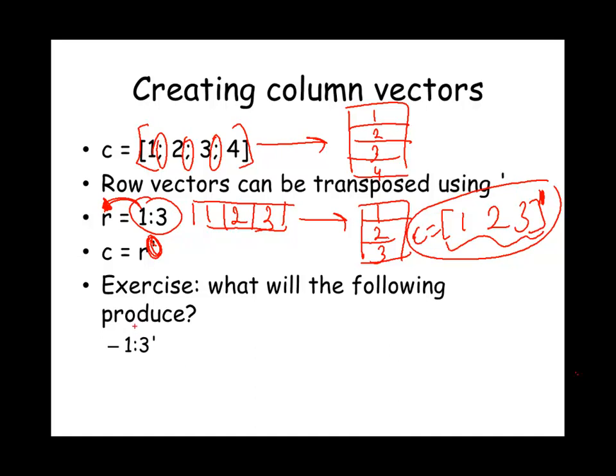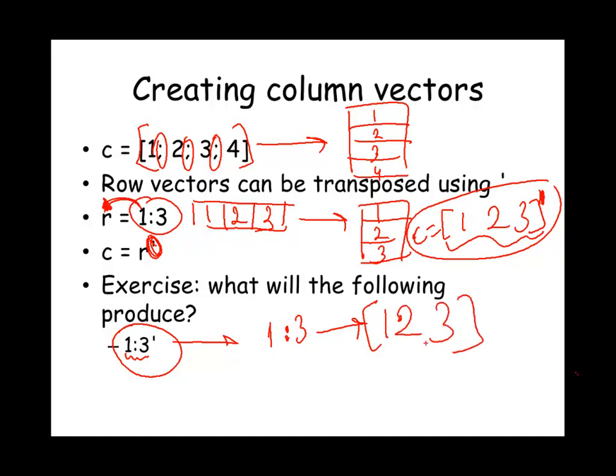Now let's take a look at this tricky question. The incorrect answer for this exercise is that you might think that MATLAB will first expand the colon operator into a vector that contains 3 entries, 1, 2, 3, and then take the transpose, which would make it a column vector.